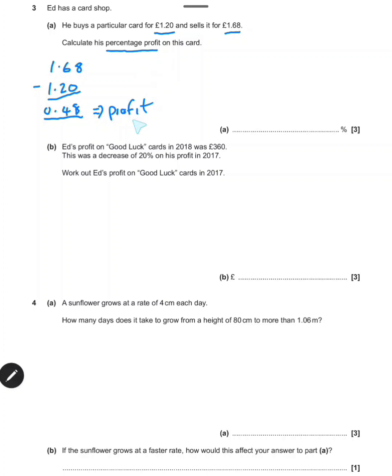Now if we want the percentage profit, we need to do his profit divided by the original amount. So I'm going to do £0.48 divided by £1.20. That's quite difficult, so I'm going to look for a better calculation than this. If I times the top and bottom by 10, I'll get 4.8 divided by 12.